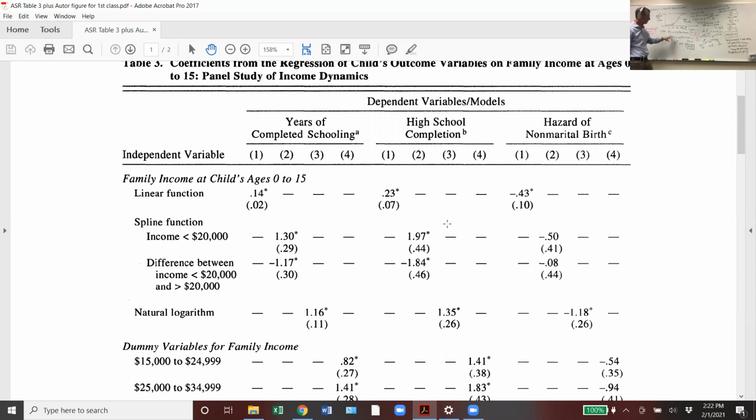So it's just taking the coefficient and plugging in different values of income to see what that linear function looks like. But it's not linear, right? If you look at the table, that spline was a very significant variable.